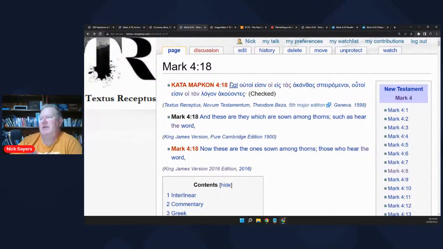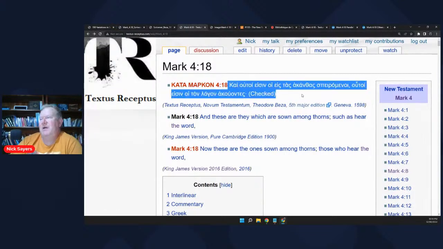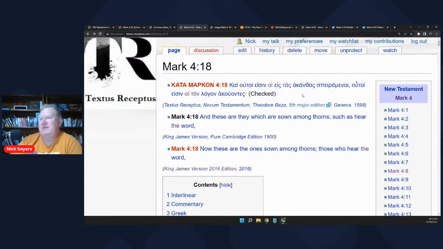And so here is the text of the 1598 of Beza on my website. What's interesting is the oti esin eton logon, the oti esin, appears at the beginning of the verse as well. Okay, so this is quite interesting.